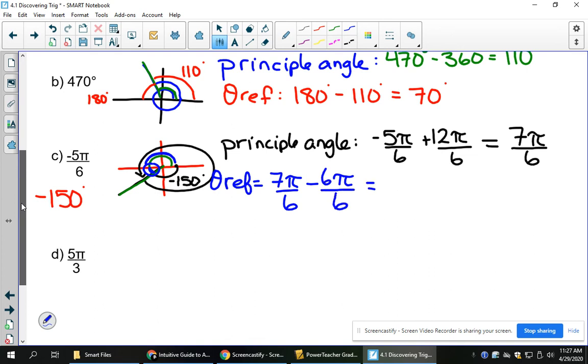And let's subtract the tops. 7 pi's minus 6 is 1 pi's over common denominator. So your reference angle is pi by 6. If you want to do all of that work in degrees and convert it at the end, you can do that, but the more important skill to work on is working with the fractions. If you want to try one on your own, try 5 pi by 3.